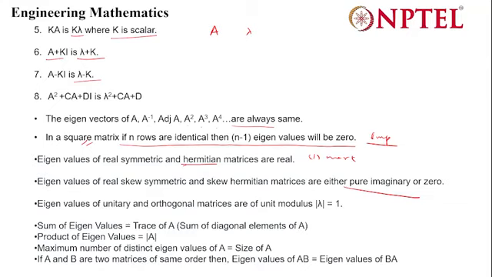Okay. Then these properties I have already told. Product of eigenvalues is determinant of A. Maximum number of distinct eigenvalues of A is equal to the size of A. If A and B are two matrices of the same order, then eigenvalues of AB will be equal to eigenvalues of BA.